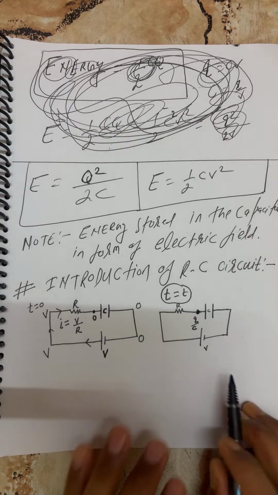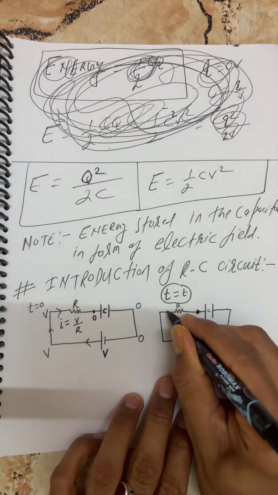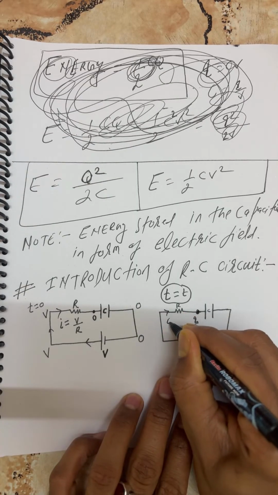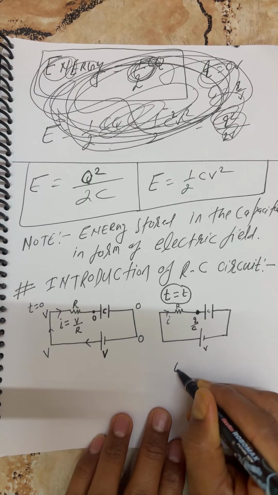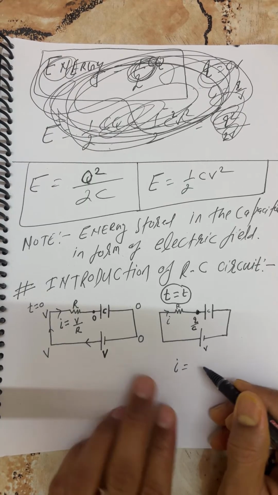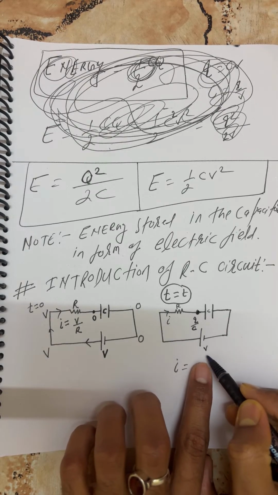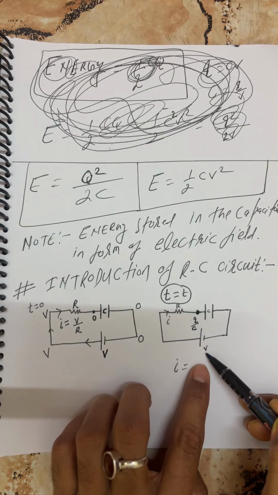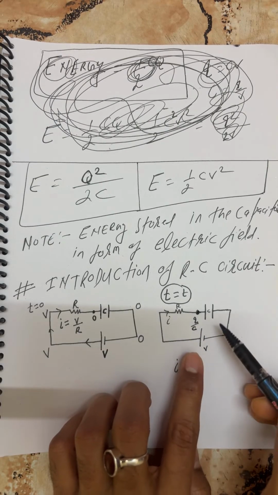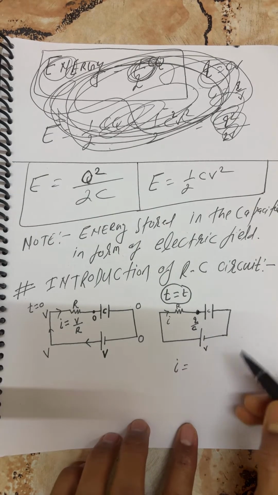Okay, now I want to write what is the value of I over here, because in the circuit the current is still flowing as I only. So what is the I value over here? This V value got divided. A few amount of V is the potential drop on the resistor, and we have already written the potential drop on the capacitor.